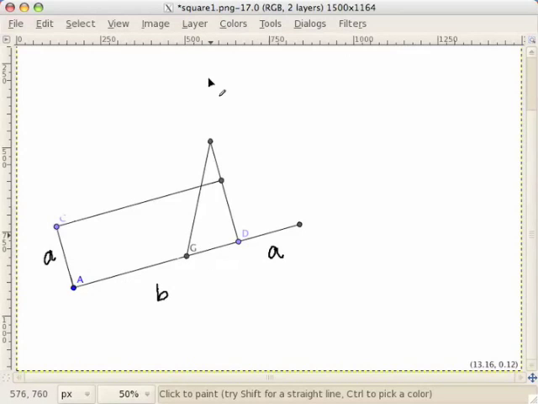Notice that we're going to call that diagonal there R, and we're just going to remember that R is equal to half of A plus B. So G is sitting in the middle of that baseline there.